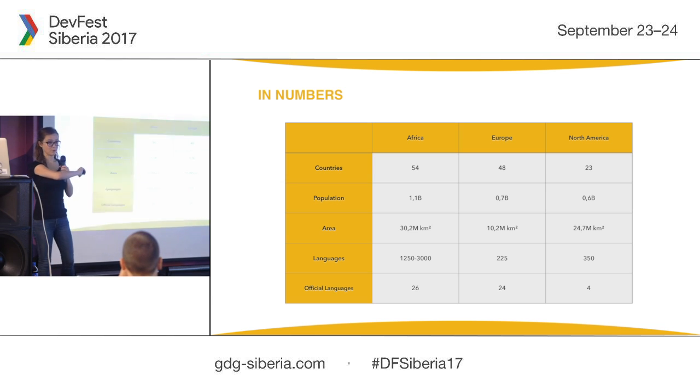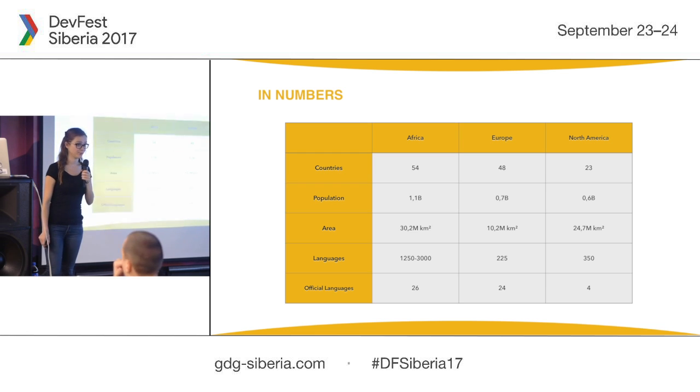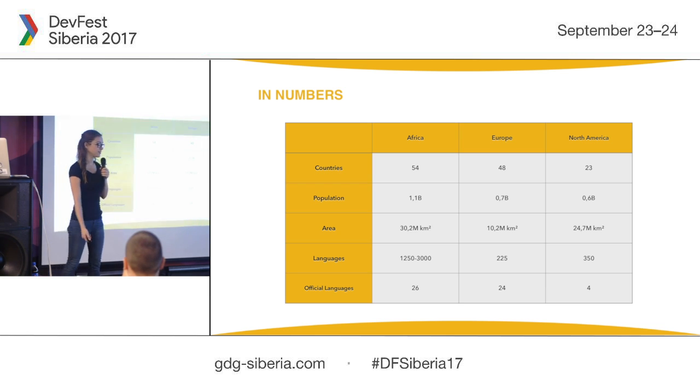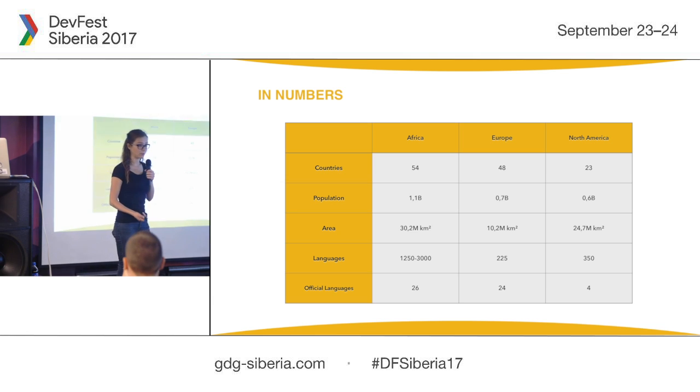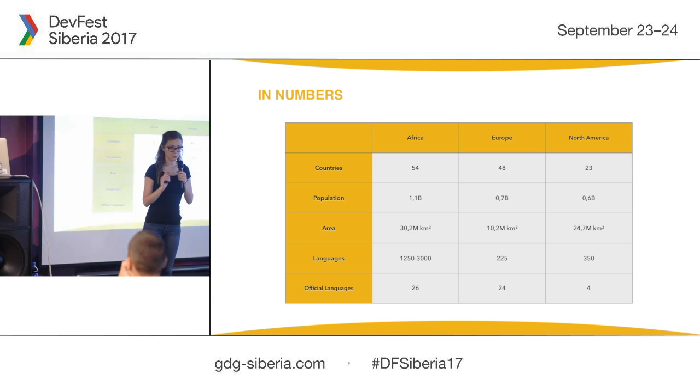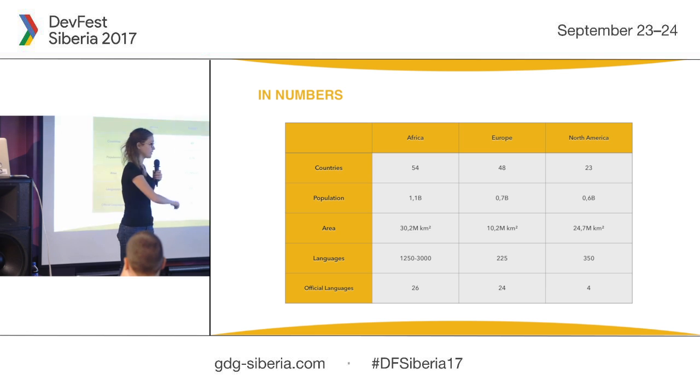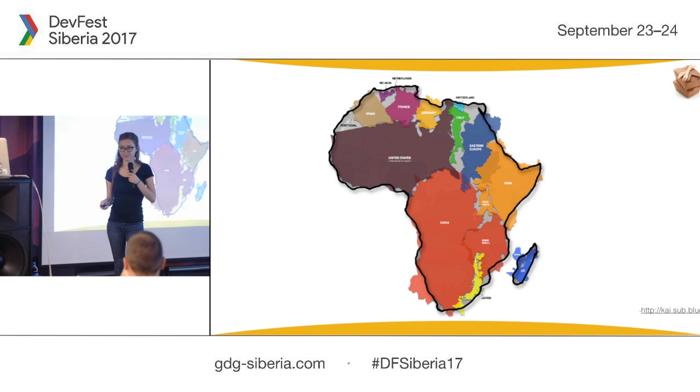To those in the back who cannot see, the number of languages in Africa ranges between 1,200 and 3,000, while in Europe it's around 200, and in North America it's around 300. Why is it so different? Linguists are still researching and have not decided what would be a dialect and what would be a language. So this number is a teaser for the end. Keep it in your mind, we're going to go back to this later.